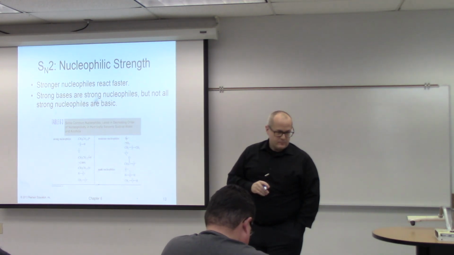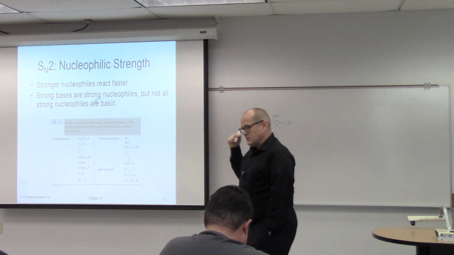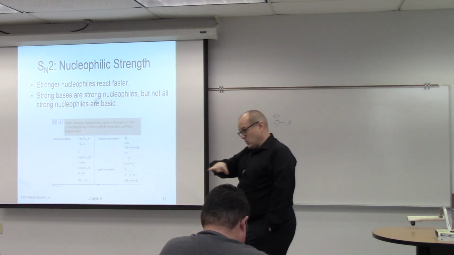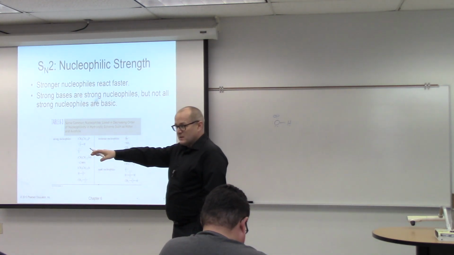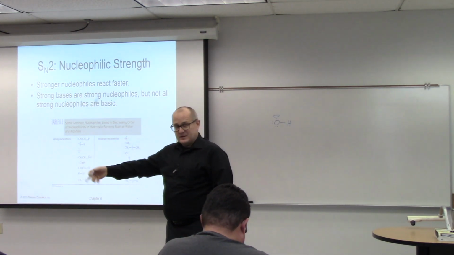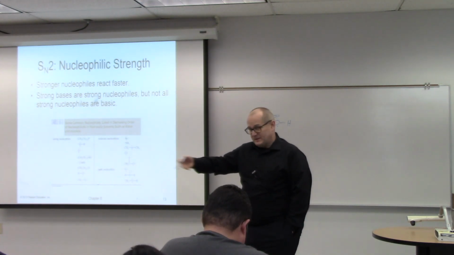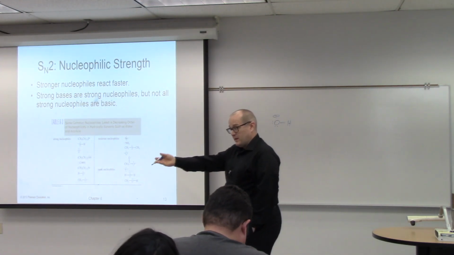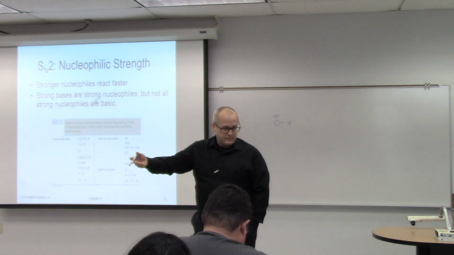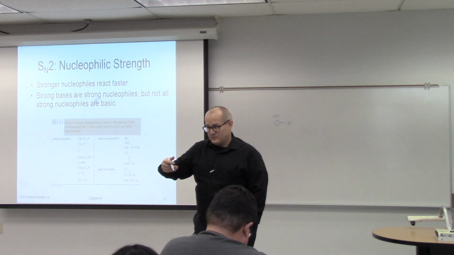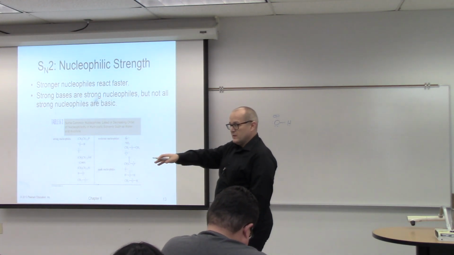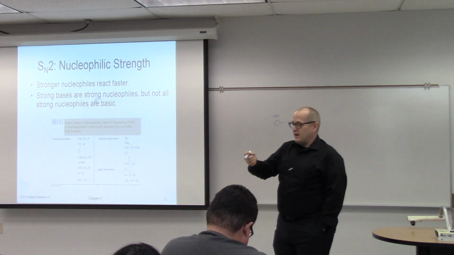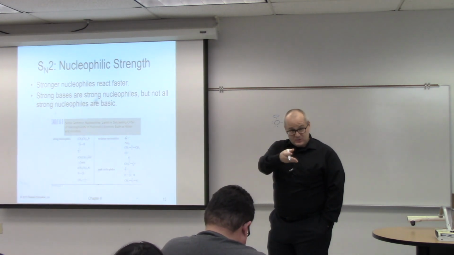Does that make sense? In the first example of the SN2 reaction we saw, OH minus, which you all should have said was a base, behaved as a nucleophile. It did a nucleophilic reaction. It didn't attack a hydrogen, it attacked a carbon. Are you with me? Because if you want to go back to Lewis theory, an electrophile is a Lewis acid.